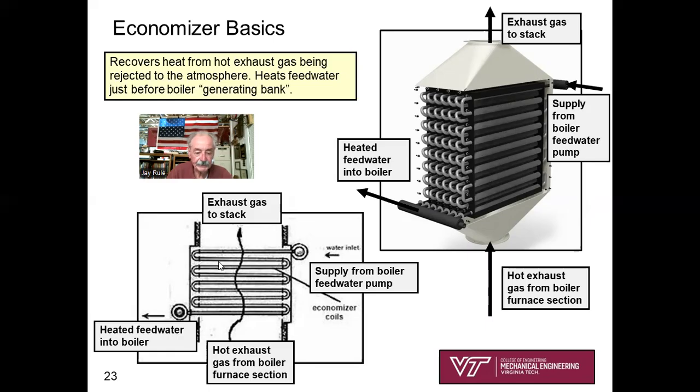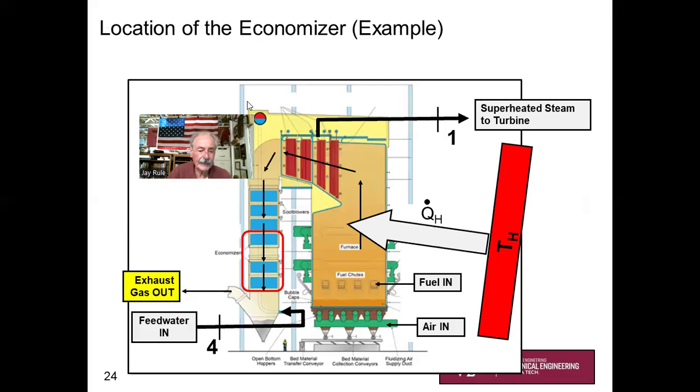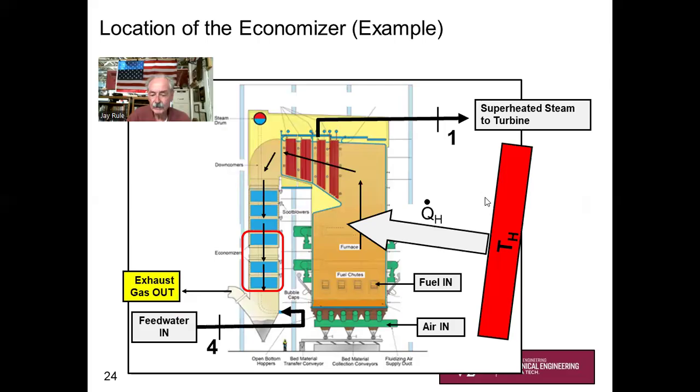And so this little image here gives you an idea of why we call it a cross-flow heat exchanger. Hot exhaust gas goes across these tubes, and inside the tubes is boiler feed water. And you say, well, what would that look like within the boiler? Remember, here's our TH, our high temperature heat source. We're generating steam with that high temperature heat source.